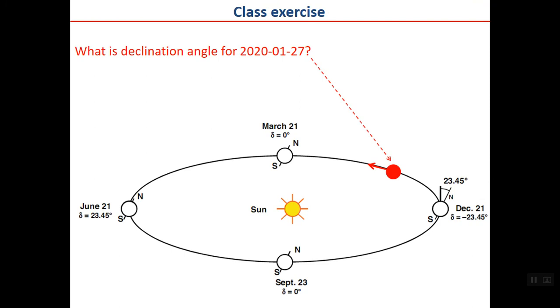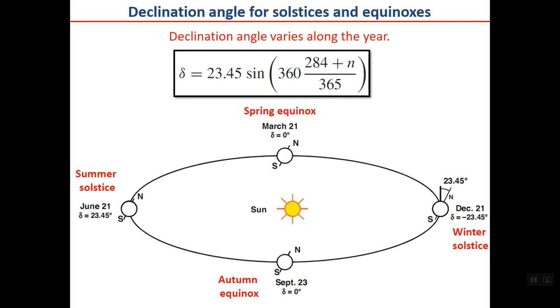And as an exercise, you are asked to calculate the declination angle for 27th of January. What should you take for n? Think about that. Correct, you should take n as 27 and then put n in this equation, and you can calculate delta for this specific day.